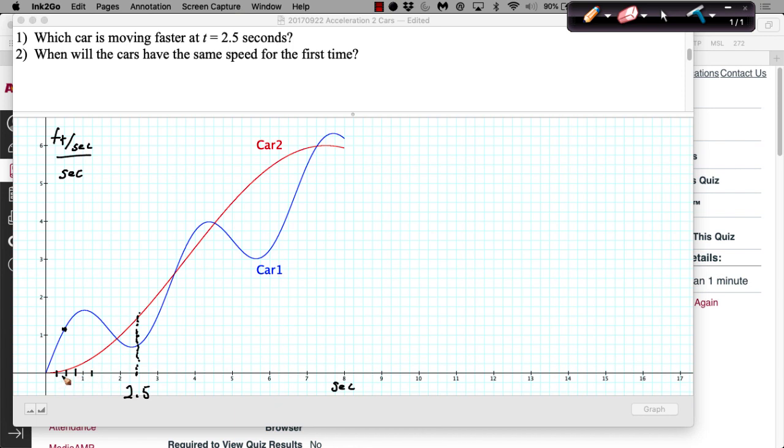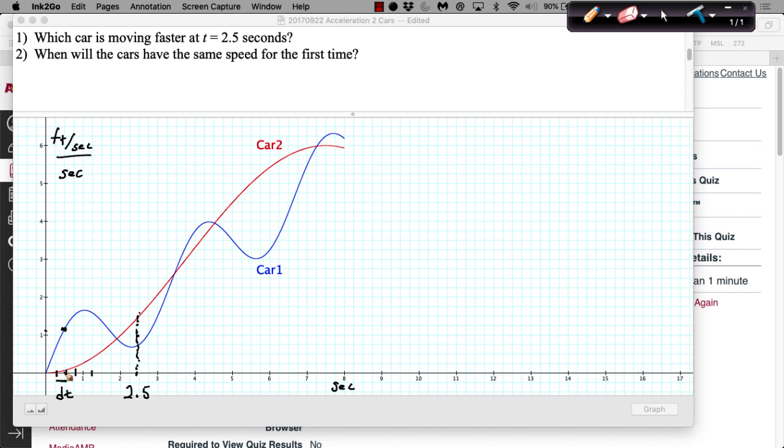So thinking about this little change in time, say dt, this car's rate is down here, and this car's rate is way up here, bigger than car 1's. So which car is going to accumulate a bigger change in speed in that interval? Car 1 or car 2? Car 2, its rate times dt is a lot bigger than the one for this one down here.